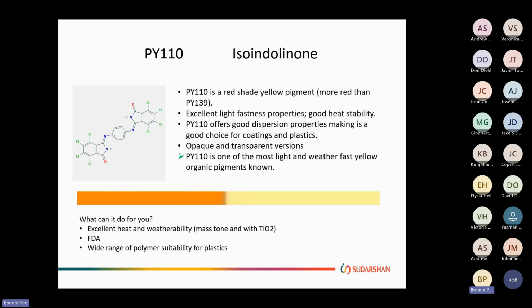It also has very high heat stability, so it does offer options in the higher performance coatings area, like automotive, as well as engineering plastics, and to give those high tech performance application areas. It also brings FDA compliance, so it offers that with respect to plastics as well.